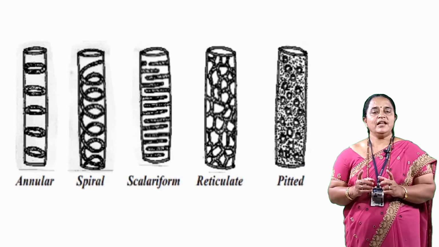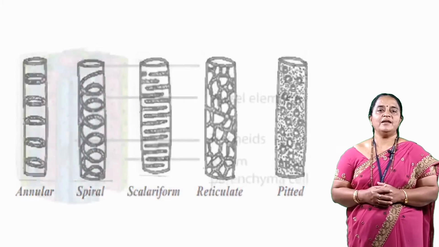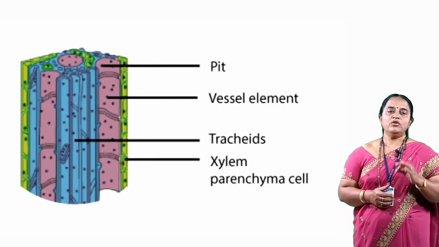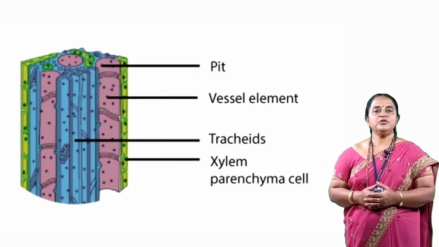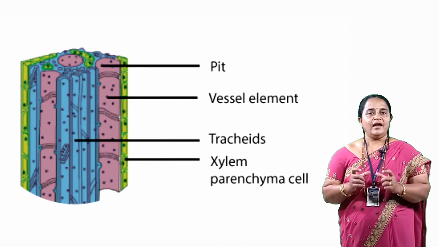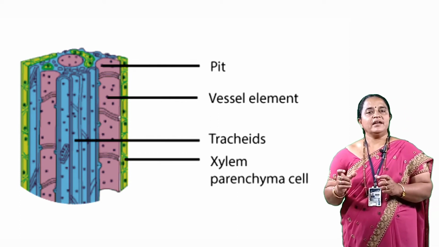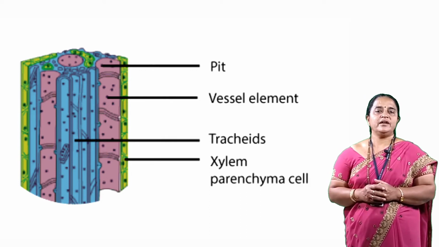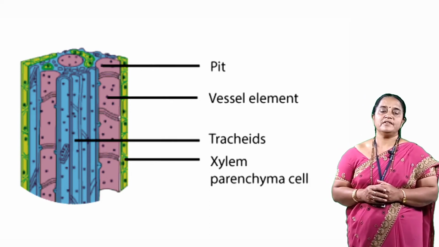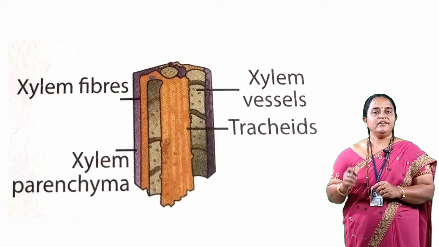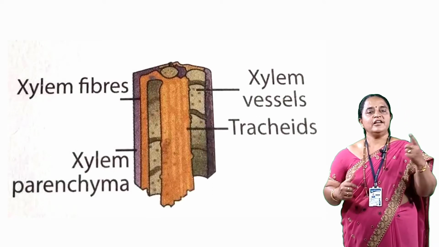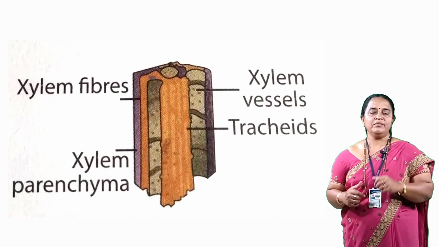Now these tracheary elements are surrounded by xylem parenchyma. It is the only living tissue found in the xylem, providing nourishment to the tracheary elements, and xylem parenchyma is mechanically supported by xylem fibers. As fibers are sclerenchymatous in nature, even these cells are dead. These are elongated, known as xylary fibers.